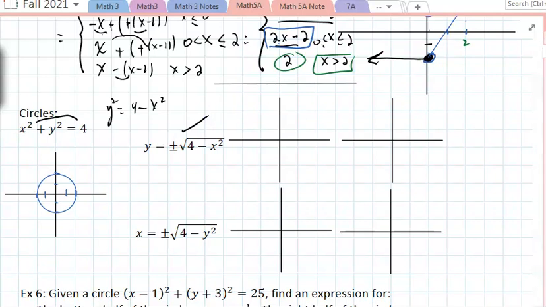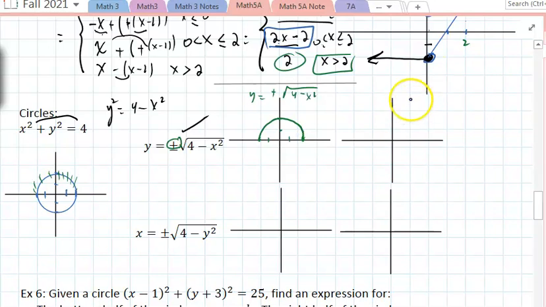Well, let me elaborate really quick. If I take this positive, y equal positive the square root of 4 minus x squared, y is always positive. That's referring to the top portion of this graph. That's how the graph looks like.